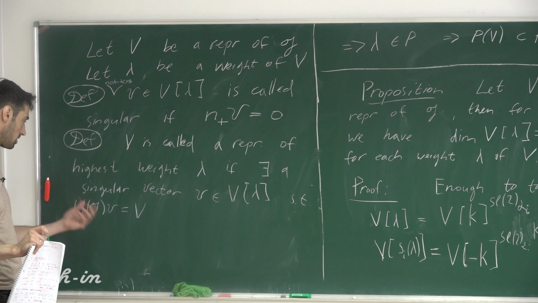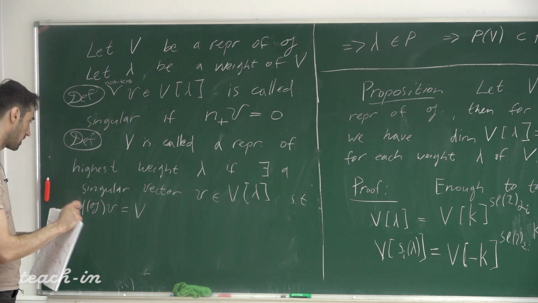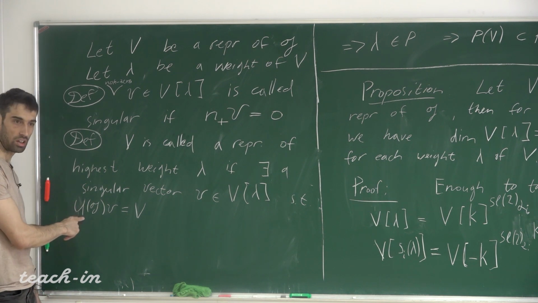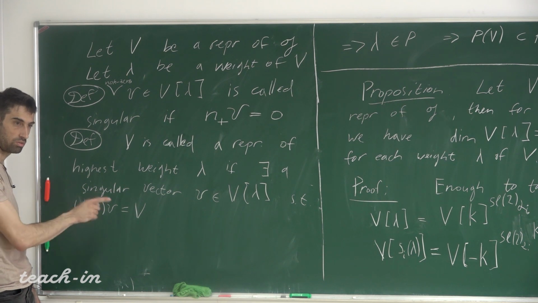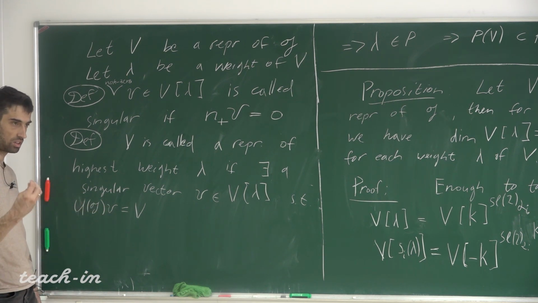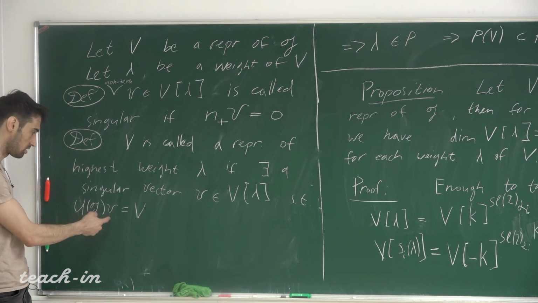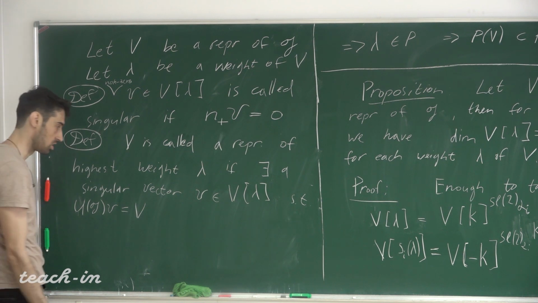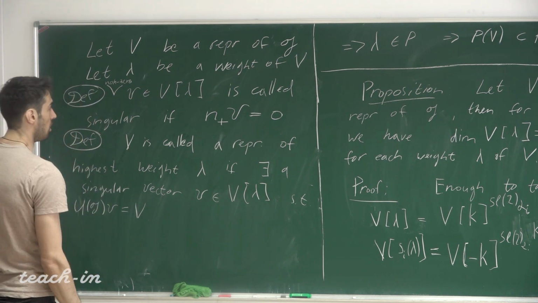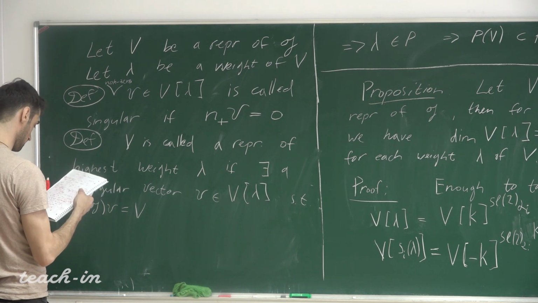I start applying operators corresponding to the image of U of G in the morphisms of V, and by this I will get the whole V. That's what I mean when I say this vector generates the whole representation. So this is our definition.